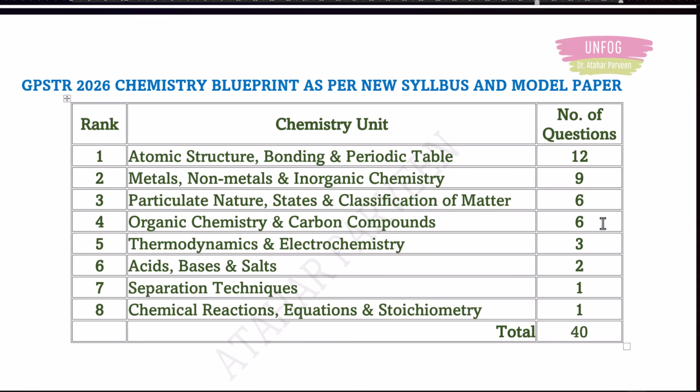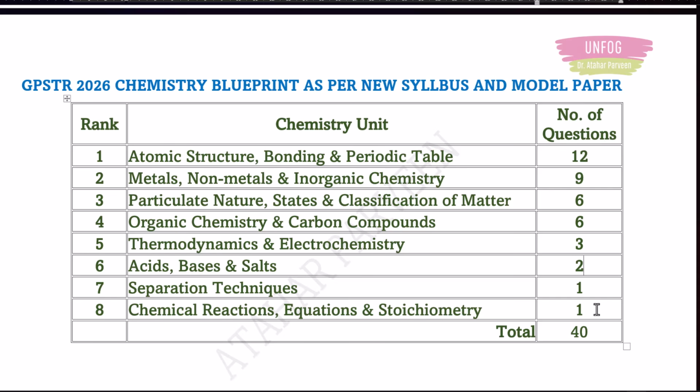Then 6 questions from organic chemistry and carbon compounds. 3 questions from thermodynamics and electrochemistry. 2 questions from acids, bases and salts. 1 from separation techniques and 1 from chemical reactions, equations and stoichiometry. So a total of 40 questions are there.